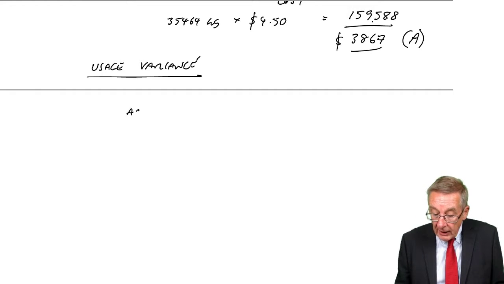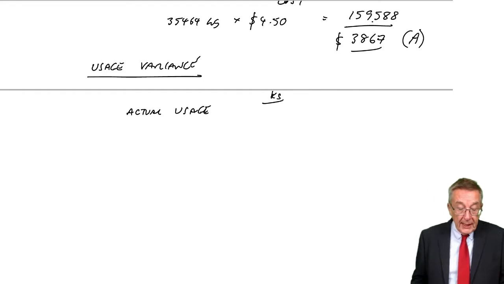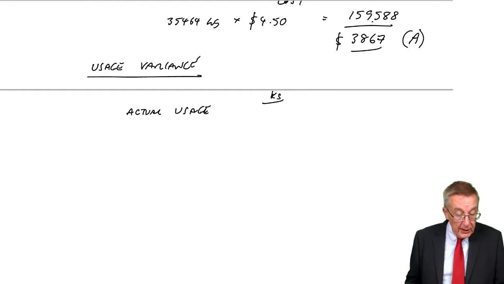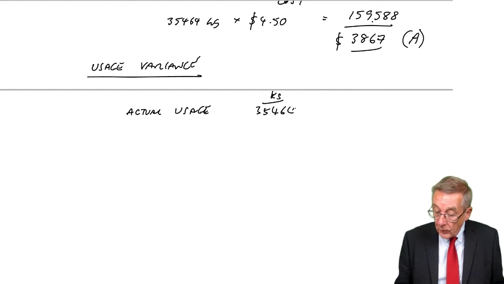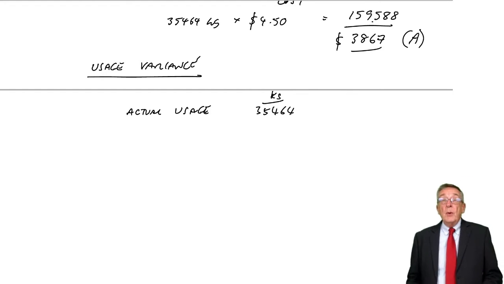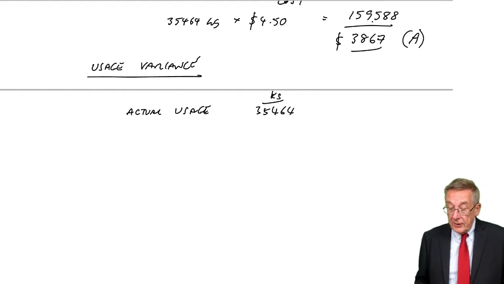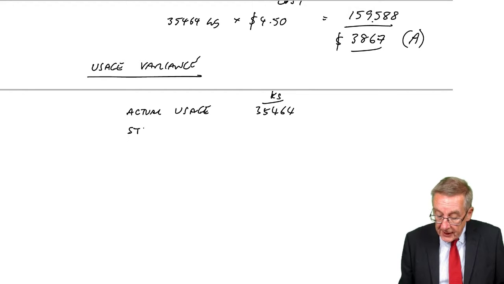So we compare our actual usage, in kilos, how many kilos did we use? We used 35,464. We compare that with how much we should have used, the standard usage for the actual production.